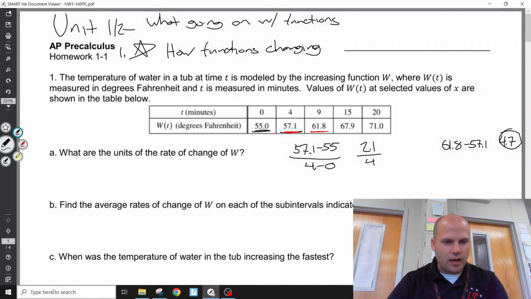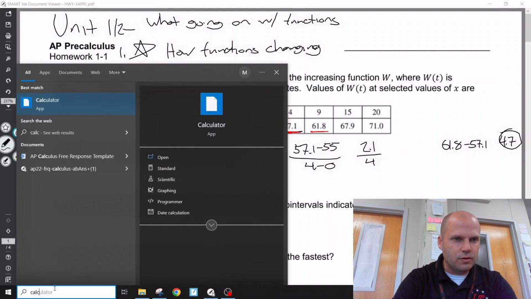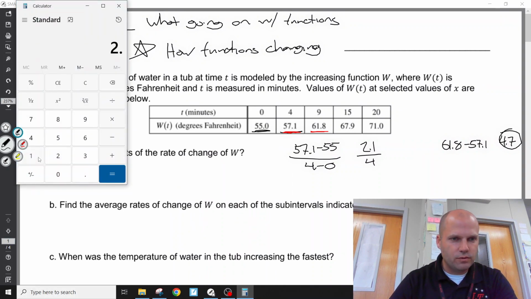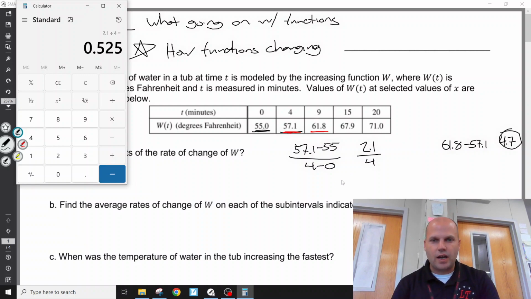I'm going to do the division. We don't technically need this, but it's going to help. I'm going to be able to say, oh, from 0 to 4, my W increased 0.525 degrees Fahrenheit per minute.